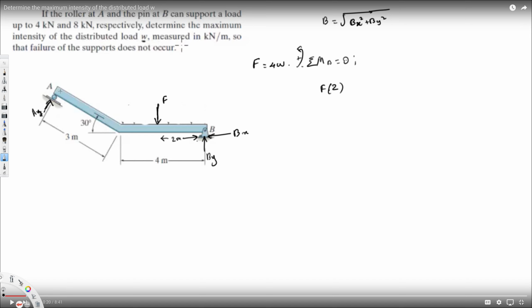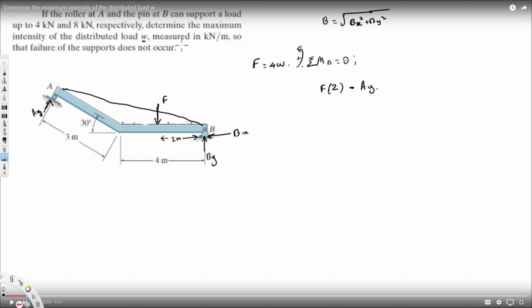It's perpendicular to this one, and it's acting clockwise, so it's going to be negative Ay. Now we have to know the distance, and this is going to be the distance.